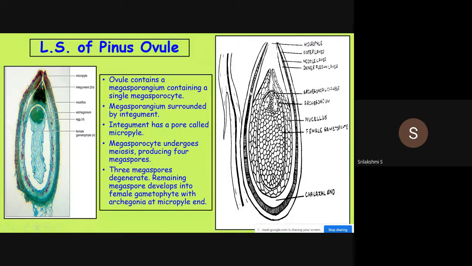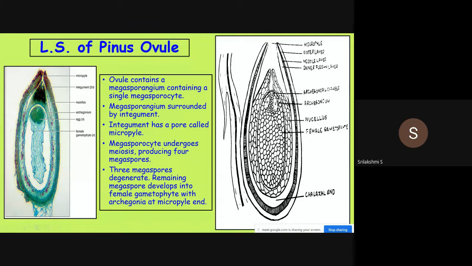Now the wall or the integument is three-layered. What are the three layers? The outer and inner are fleshy, the sarcotesta, and the middle layer is hard and stony, which is called the sclerotesta. These are the three layers of the integument.